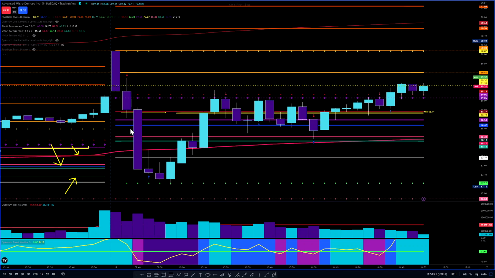Today the bottom central pivot is above the previous day's top central pivot, so that's a higher value relationship, indicating a strongly bullish setup.